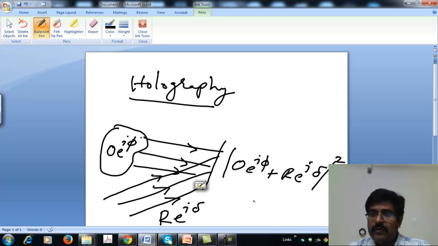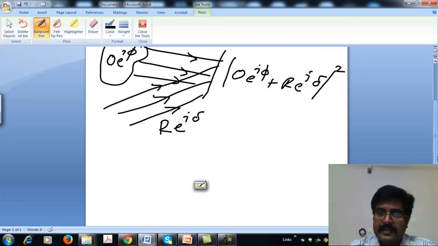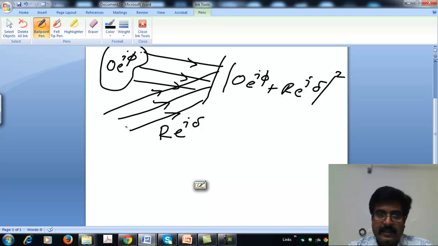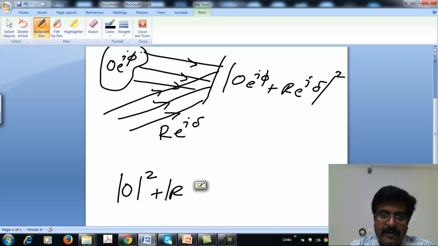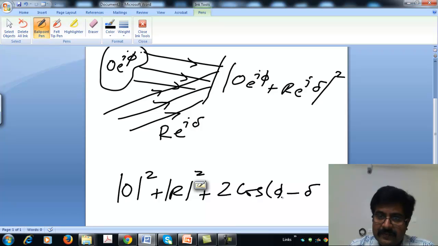So what we get? When we expand this, we get O square plus R square plus 2 O R cos(phi minus delta).